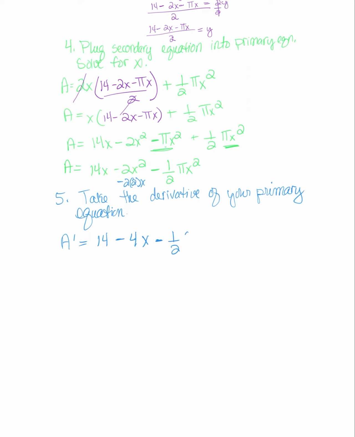We're going to bring down that power of 2, and we get pi x to the first. These are going to cancel. So our A prime equals 14 minus 4x minus pi x. And that's your derivative. Okay, so after you have the derivative, you need to set your derivative equal to 0 and solve for x.